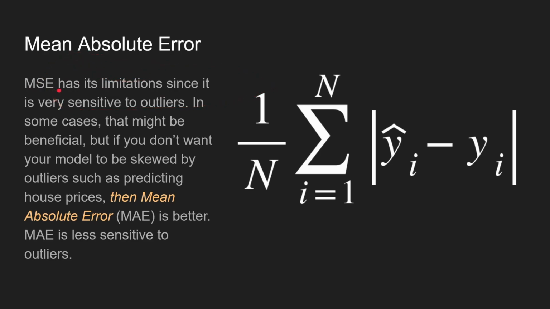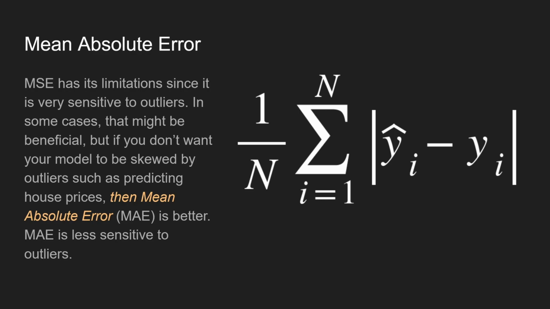Mean square error has its limitations since it's very sensitive to outliers, like you saw, right? If we have a large loss, it's going to be penalized a lot more than a small loss. In some cases that might be good, for example, for stock prediction, but you don't want your model to be skewed by outliers, such as when predicting house prices.